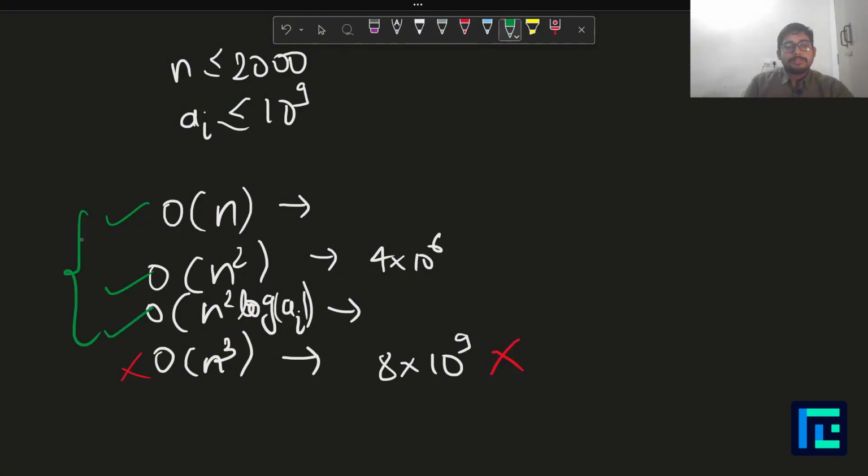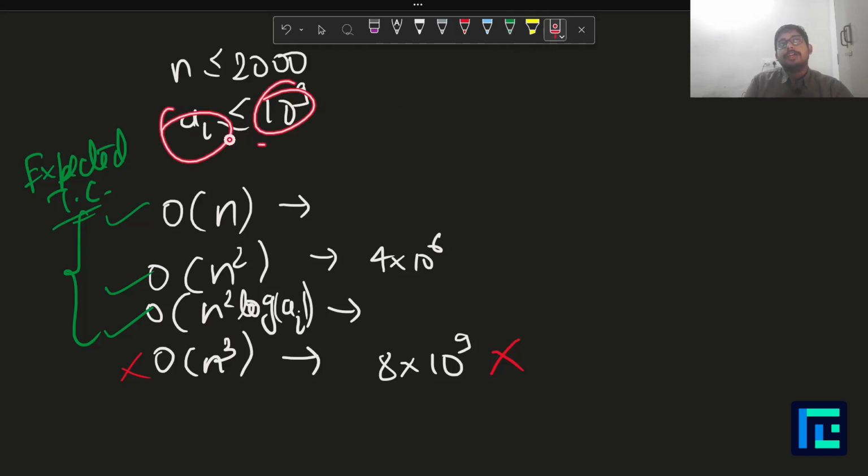So these are our expected time complexities. We cannot go to something like order of ai, that would be 1e9. So you have to do it in some quadratic order of n, and some extra log factors can be added. That doesn't affect our answer. So this is our expected time complexity.